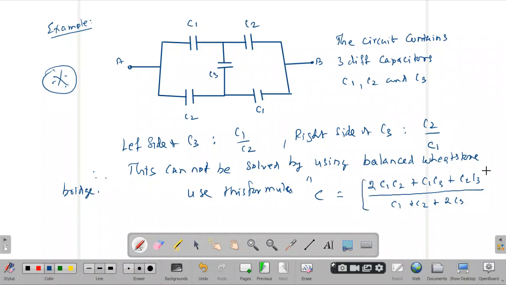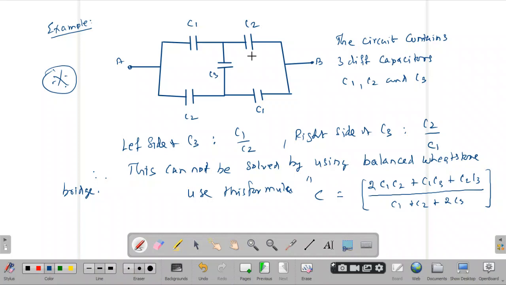This is a formula. Once you come across this kind of circuit with violation of balanced Wheatstone bridge condition, the left side ratio is just the reverse of the right side ratio.